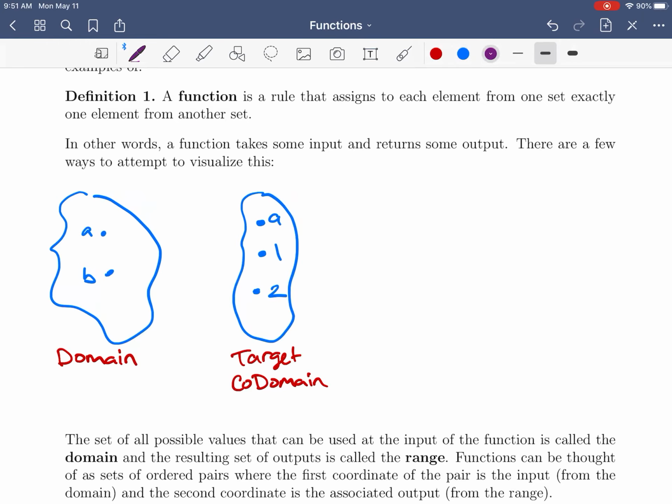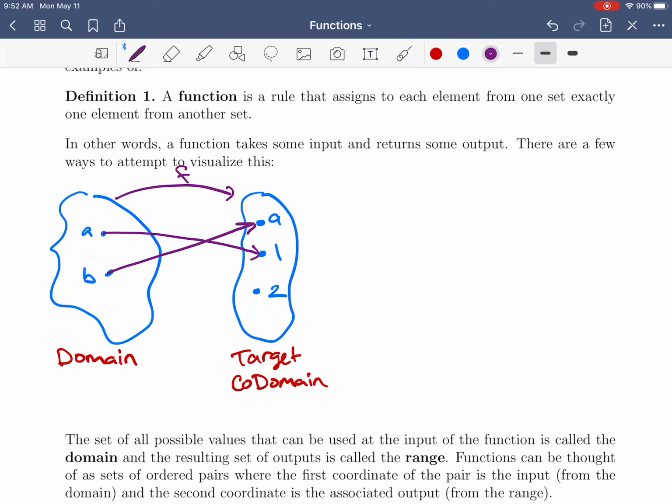Suppose our function f goes from the domain to the target. So this is our function. It might take the element A to the number 1, and maybe the element B gets sent to the element A. So you have to take everything in the domain somewhere in the target.